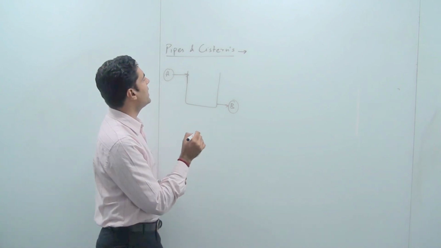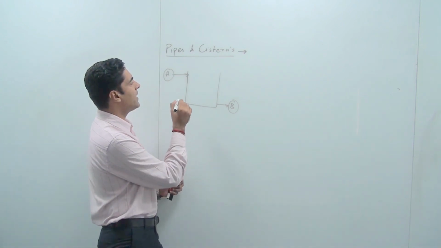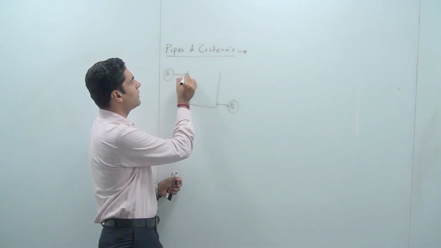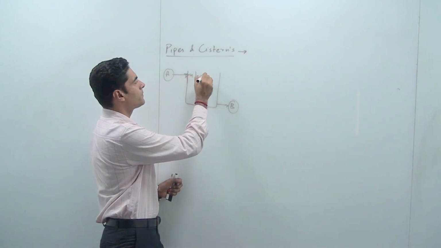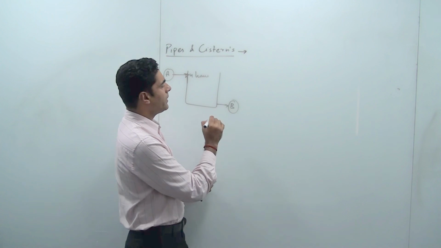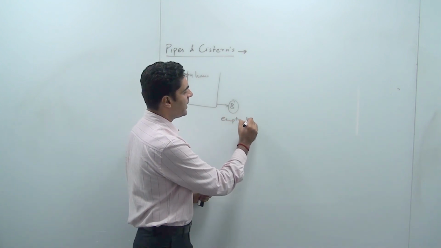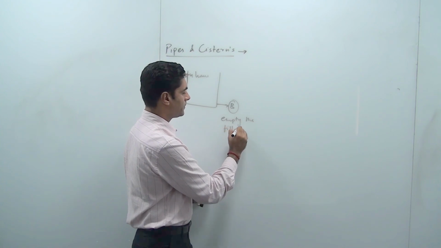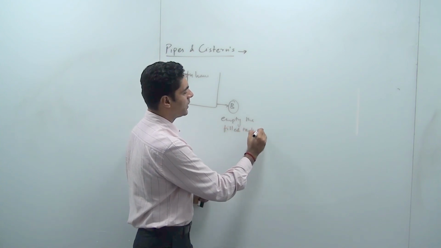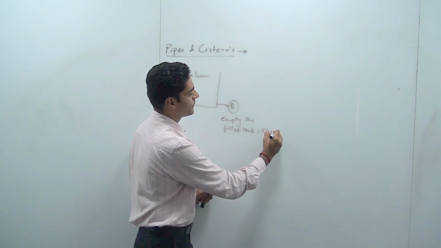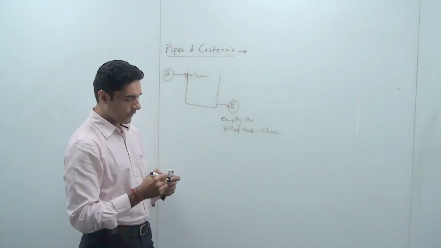The easiest would have been, let's say there is an inlet pipe which can fill the empty tank in 4 hours, and there is an outlet pipe which can empty the filled tank working alone, let's say in 5 hours. Fine.